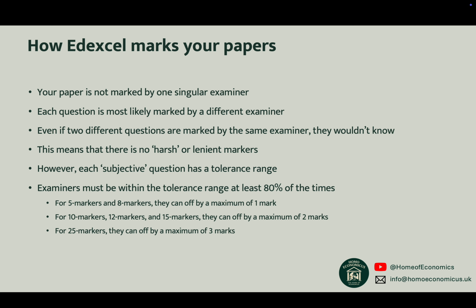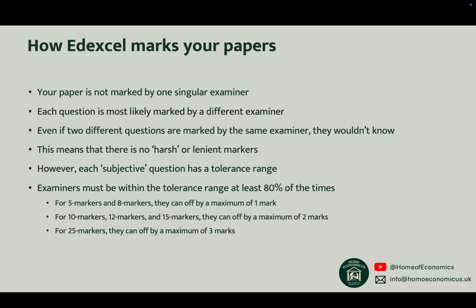And each examiner goes through rigorous training and makes sure that they're in tolerance at least 80% of the time. So that means there is at most a 20% chance that one of the questions is marked out of range. And what does it mean to be out of range?